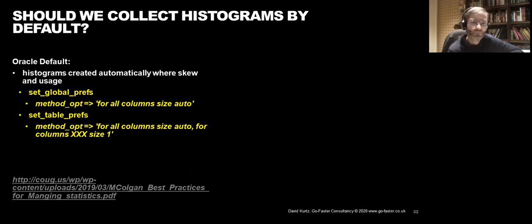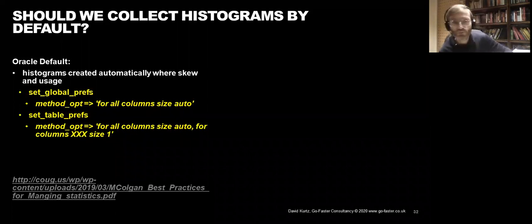The official Oracle position is that histograms are collected automatically for all columns. If you find a situation where you don't want a histogram, then you should set a table preference to say, for this column, size 1, disable histogram collection.